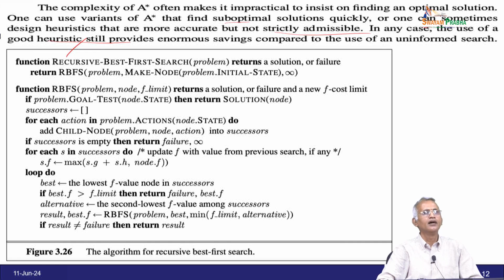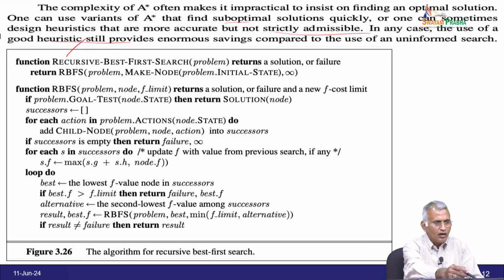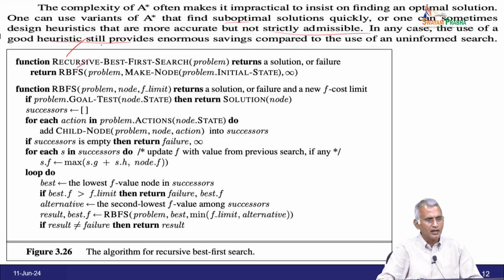Once again, the algorithm for recursive best first search is: function RecursiveBestFirstSearch(problem) returns a solution or failure, and returns RBFS(problem, MakeNode(problem.InitialState), infinity).